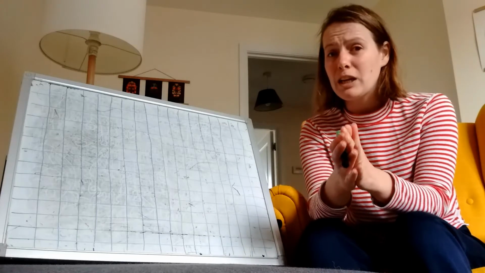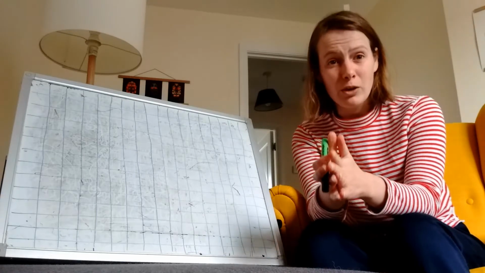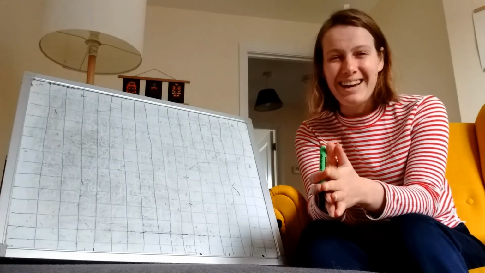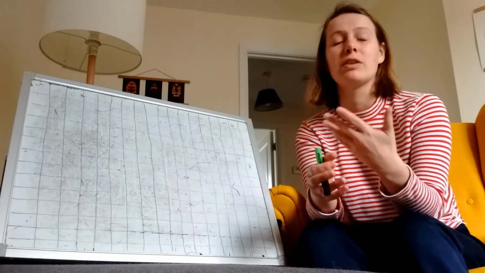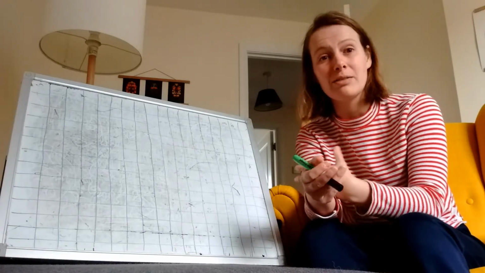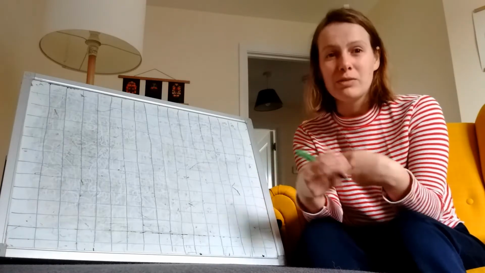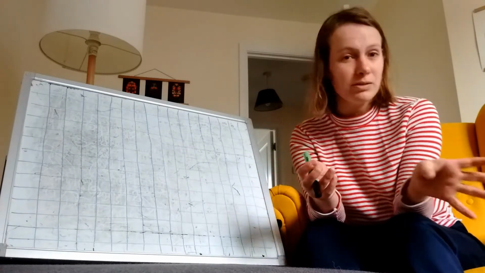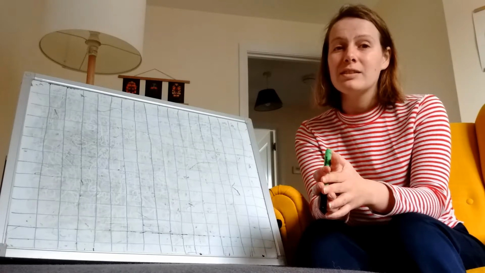I'm not particularly great at it, but I have been quite obsessively recording how far I've been going each day in order to help me see myself progressing at something, because that's one of the things that's really good for my mental health, is to know that whatever else is going on in the world, I'm getting better at something. So I've been collecting data about my running, and I'm going to use that today.